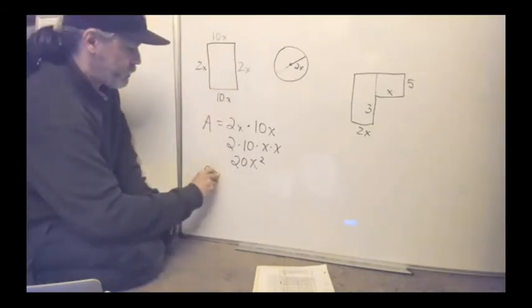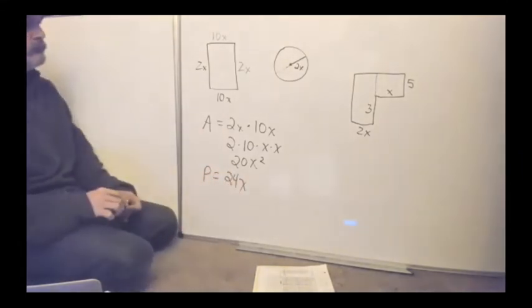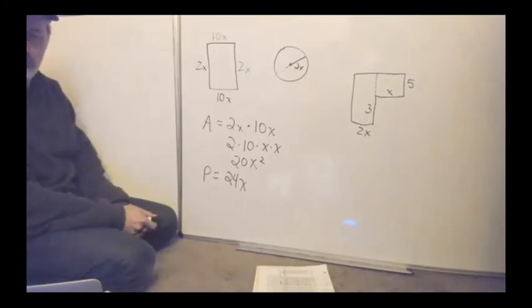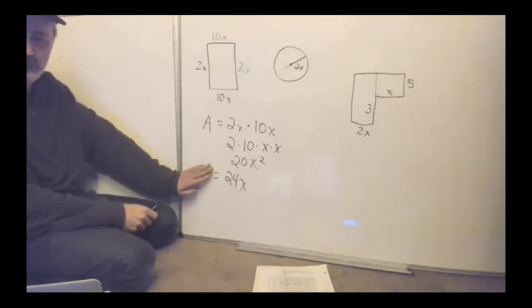So the perimeter is going to be 24x. And what we did yesterday is we had an equation, and that equation came because we were told that the perimeter was 14. So we could actually find out the value of the variable.